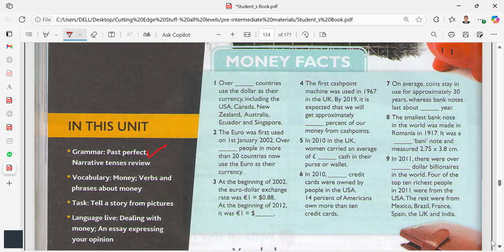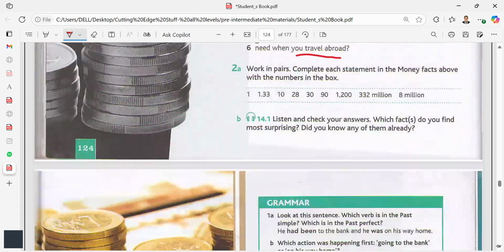Okay. Number 1, Jude. Number 1, 30. Yes, 30 countries. That's right. Number 2. Over 332.